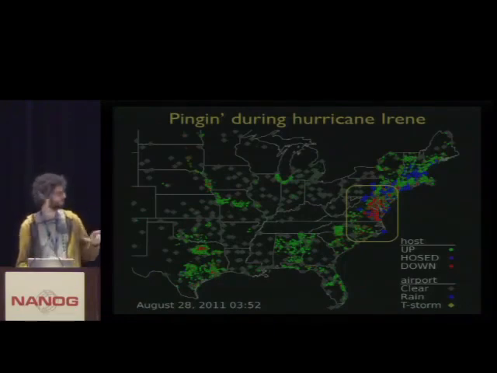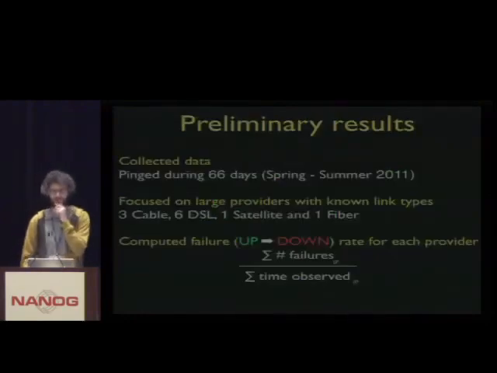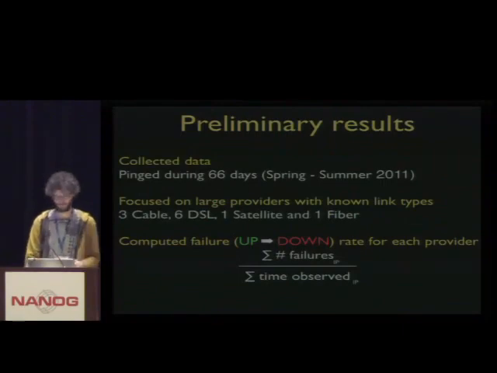Okay, so let's look at some of the preliminary results from this data. We captured 66 days worth of these pings, and we focus our analysis on a few providers that are across different types of links. The real question for us here is, is there a similar failure rate across providers? That might indicate there's just power failures happening, not something like water seeping into coax.